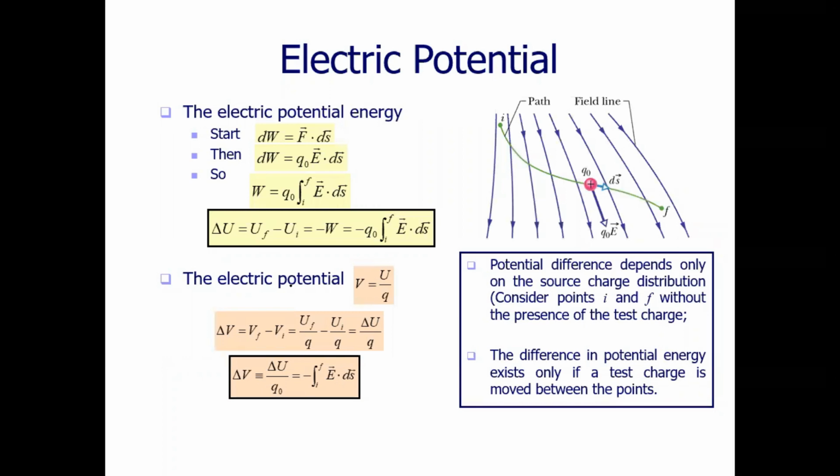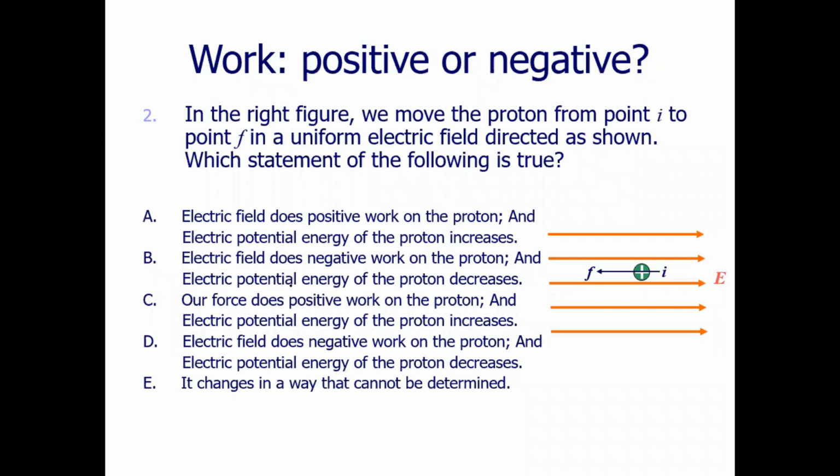I think the answer is A. Electric field does positive work on the proton. Okay, why do you say A? And the electric potential energy of the proton increases because there is an increase in the energy. One thing that we need to understand is that the proton is moving.